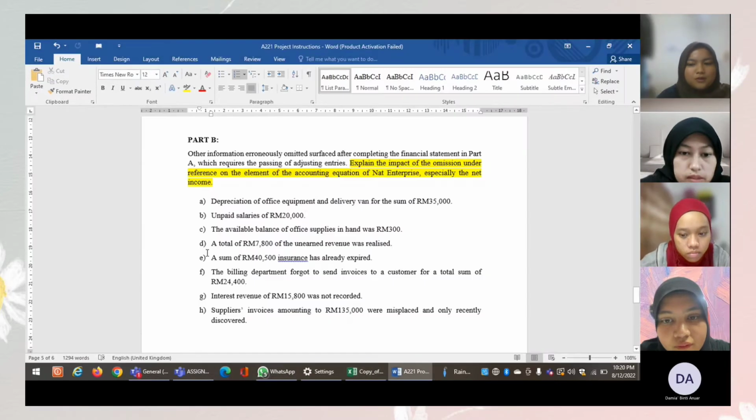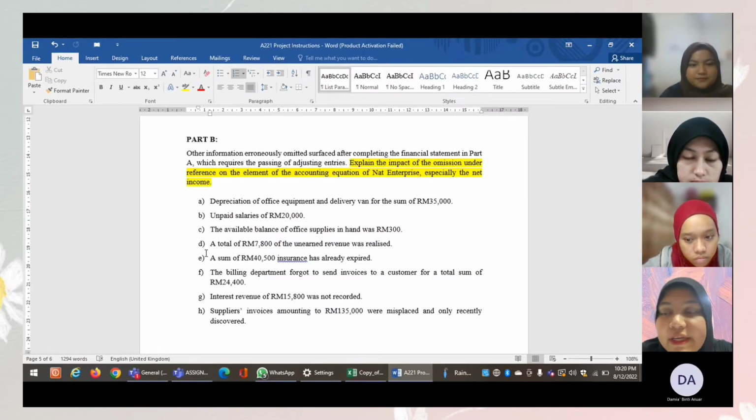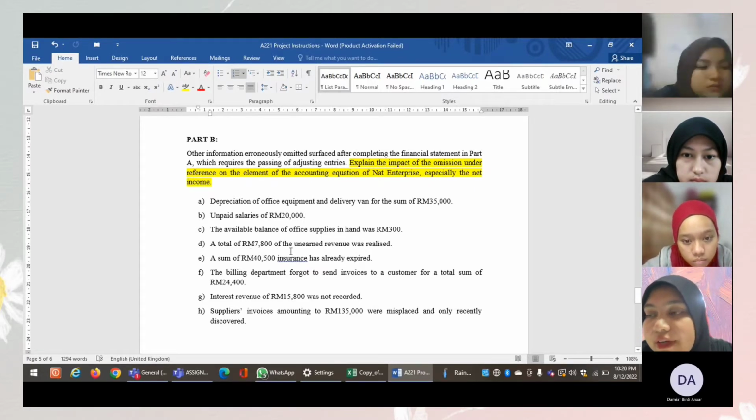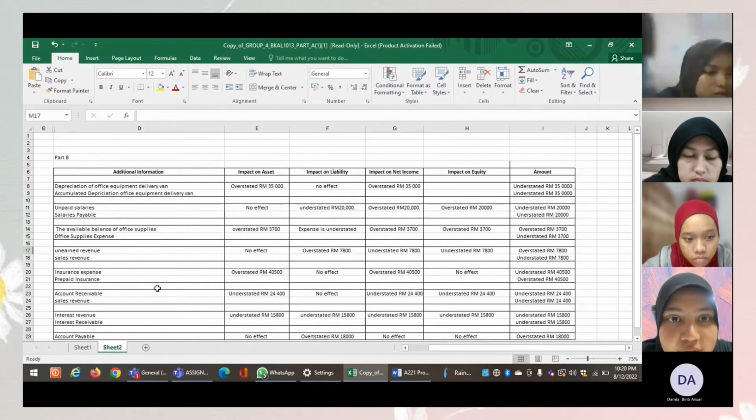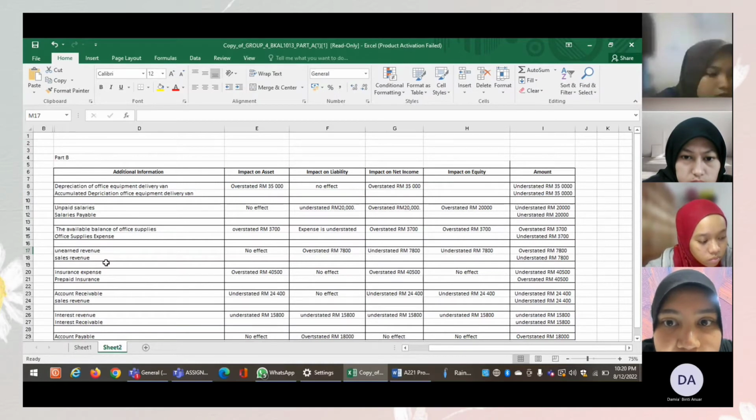Okay, next for question D, Damia. For question D, a total of 7,800 of the unearned revenue was released. So the impact on unearned revenue for the asset will have no effect.